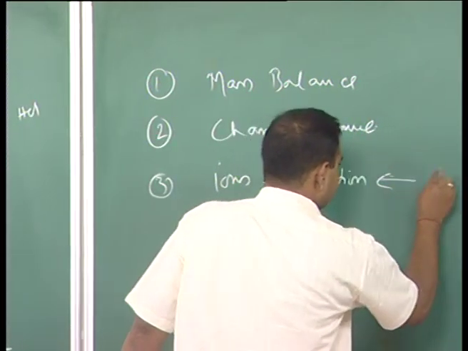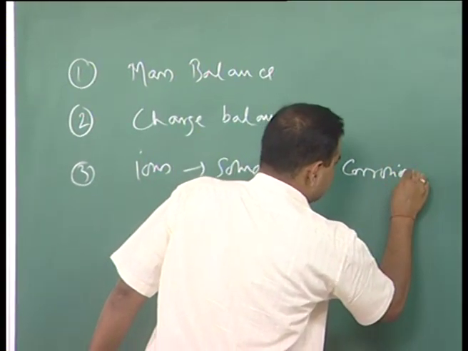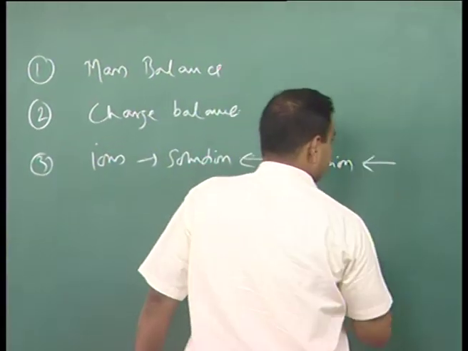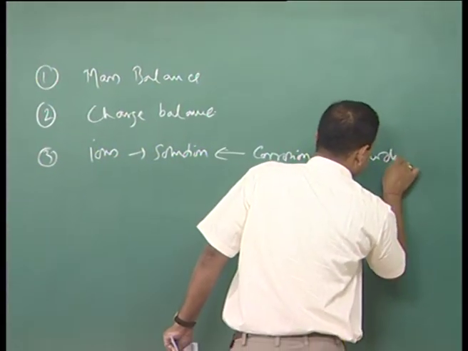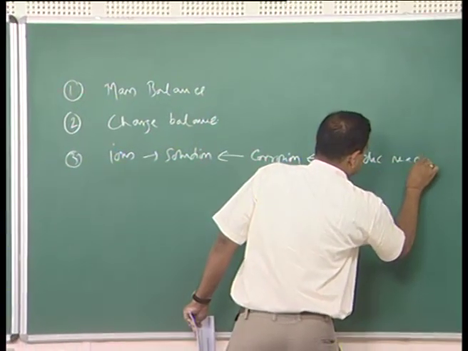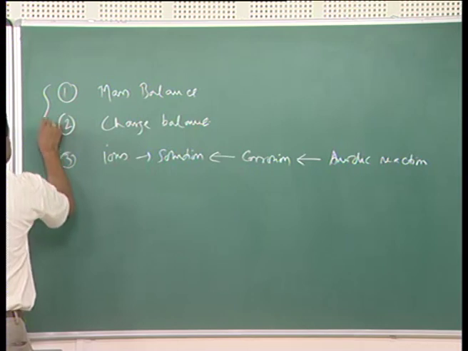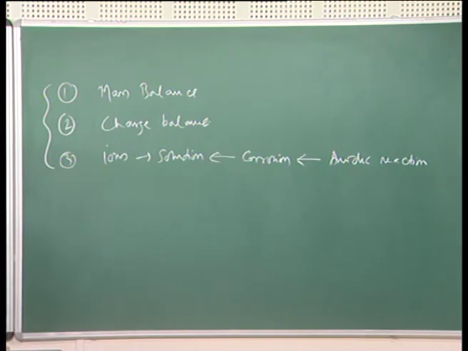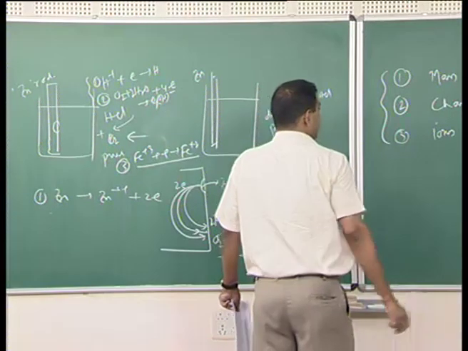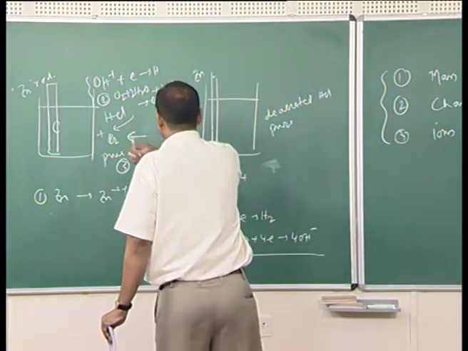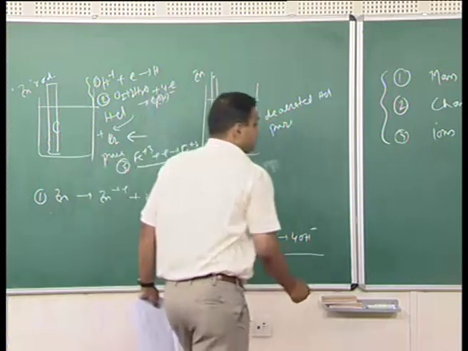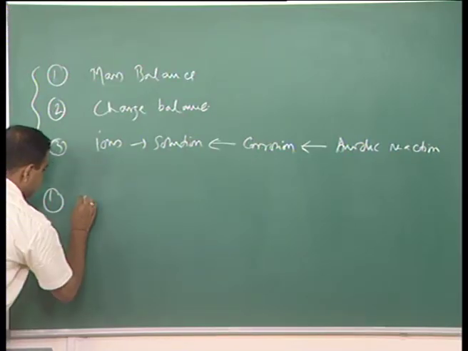This is nothing but corrosion and this is nothing but anodic reaction. Fine. Now, these three are very important part of electrochemical natures of this corrosion. Now if you consider what are the components of this section, you have to have metal surface.